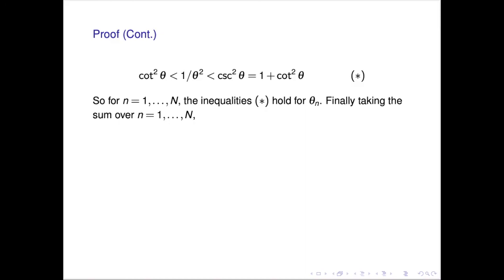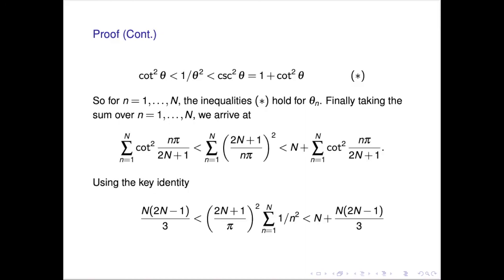Now if we take the sum as little n ranges from 1 to capital N, then we have that the sum of cotangent squared of n pi upon 2 capital N plus 1 as n goes from 1 to capital N is strictly less than the sum as n goes from 1 to capital N of (2N plus 1 over n pi) all squared, which in turn is strictly less than capital N plus the sum as n goes from 1 to capital N of cotangent squared of n pi upon 2N plus 1.